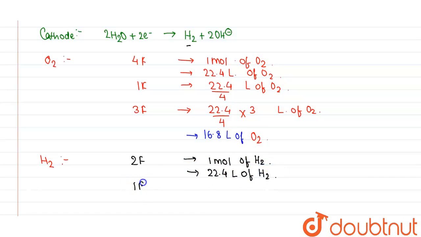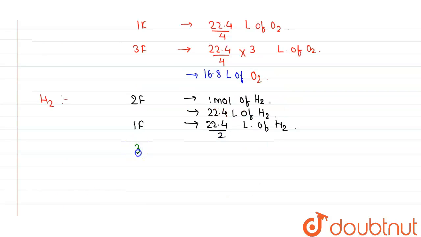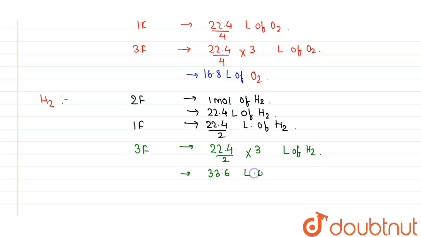So 1 Faraday will be used for production of 22.4 by 2 liters of hydrogen. With 3 Faradays of electricity, 22.4 by 2 into 3 liters of hydrogen will be produced. So the answer to this is 33.6 liters of hydrogen.